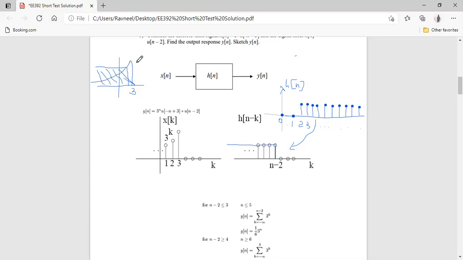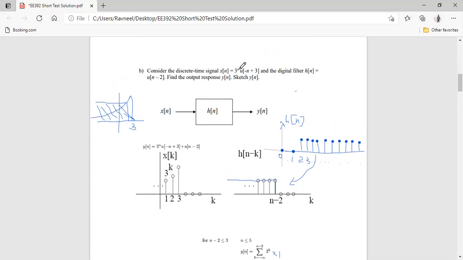So it is given by 1 multiplied by the function of this particular graph, that is 3 to the power of k.